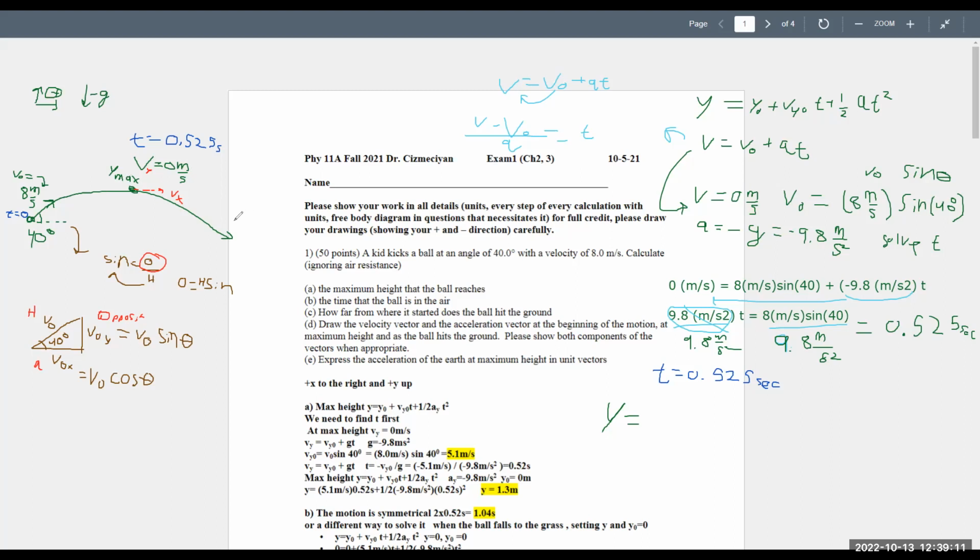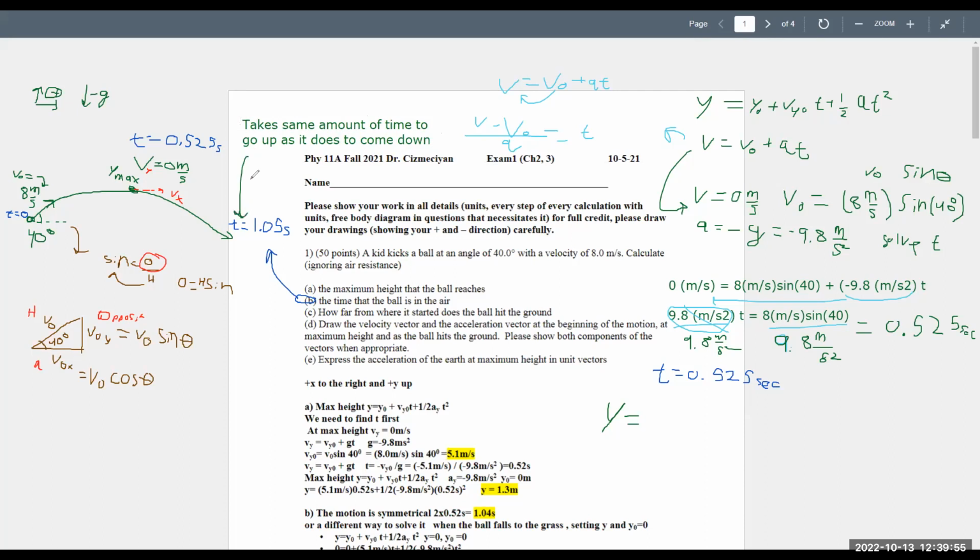So that means your total time here, not that we need it yet, but I think that's B. Total time there should be 1.05, and the reason for that is it takes the same amount of time to go up as it does to come down.